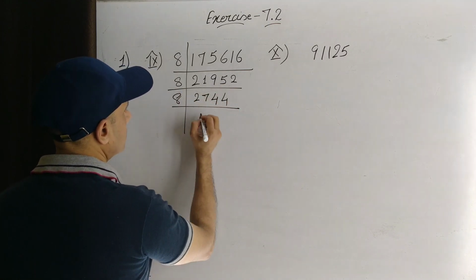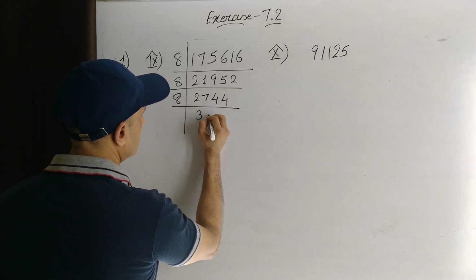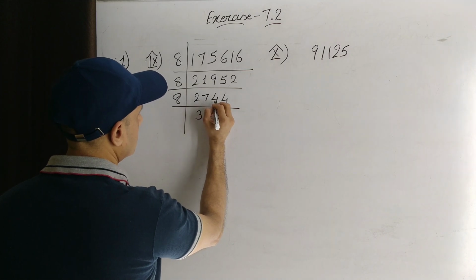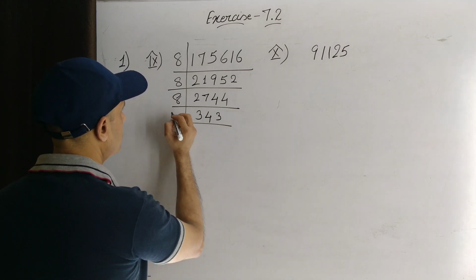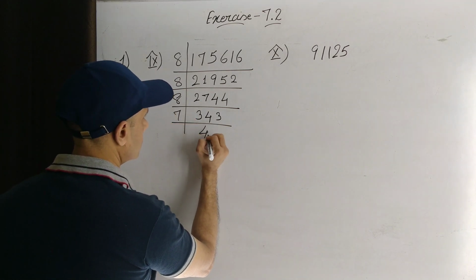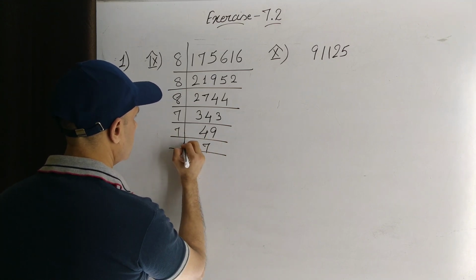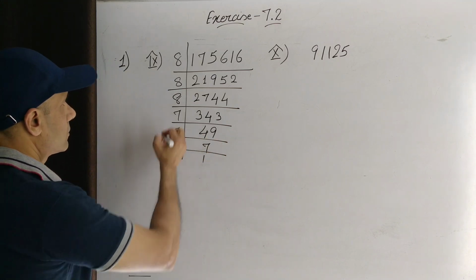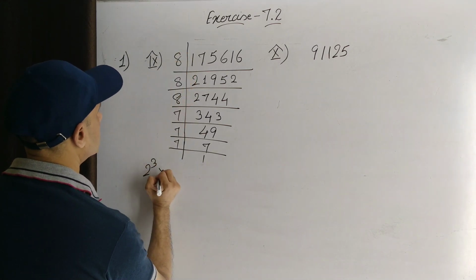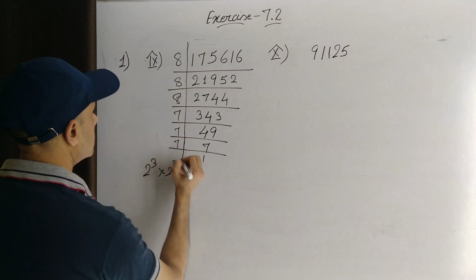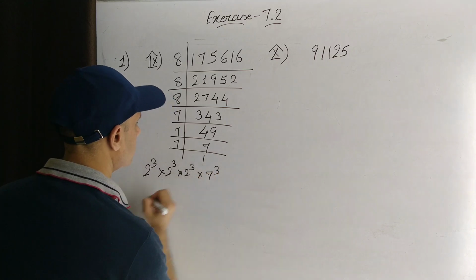Again we'll take 8. 343 is the cube of 7, so we'll take 7. So we have got the prime factors: 8 is 2 cube, this 8 is 2 cube, this 8 is 2 cube, and this 343 is 7 cube.